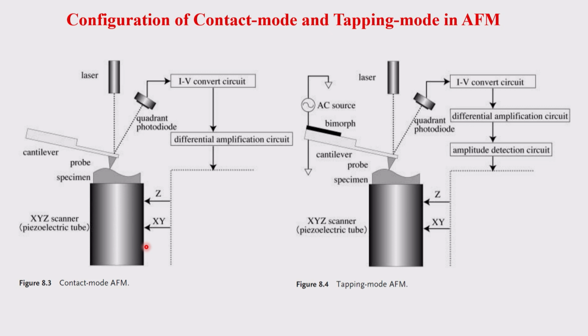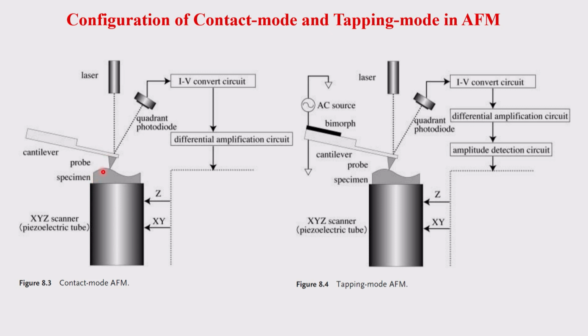You can change the Z axis, so you can have the movement of this. This is the cantilever and this is the probe part of it. As I have already shown you, you shine the light and then measure the light deflections depending upon how it is moving on the surface.